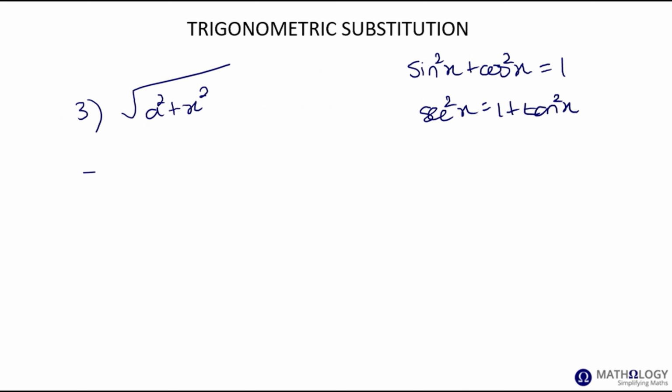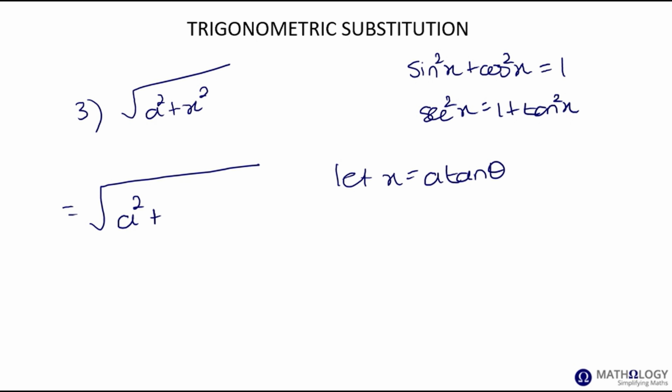And finally, if we're given an expression that looks like root a squared plus x squared, then we are going to let x equal a tan theta. And the reason is because this expression reduces to, a squared plus x squared will be a squared tan squared theta.